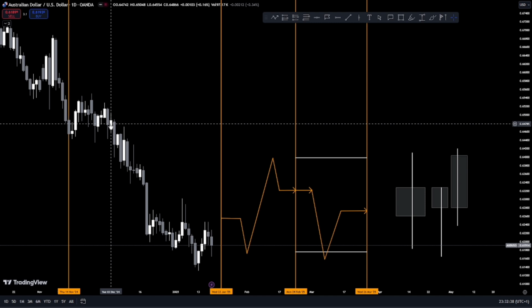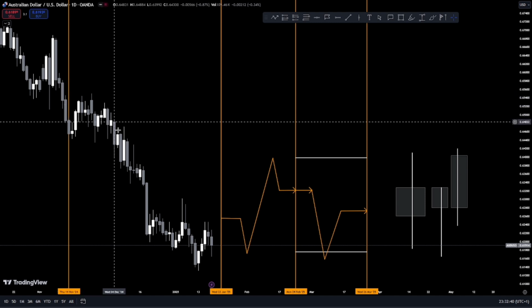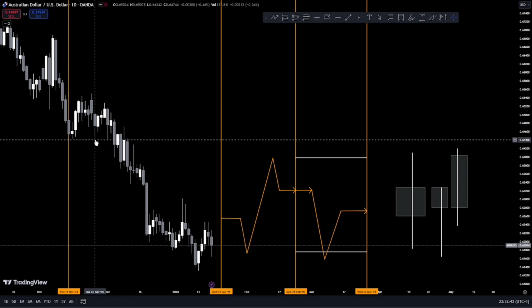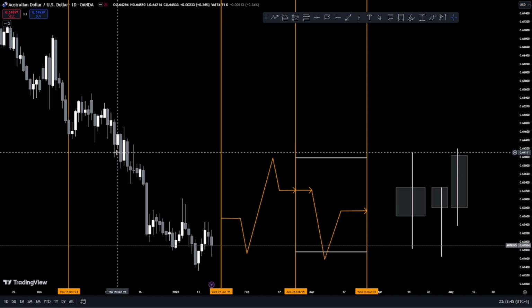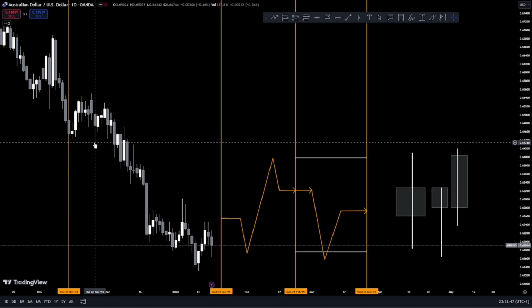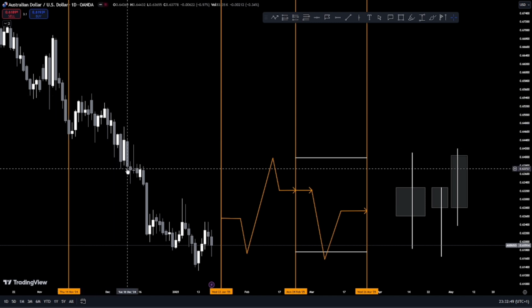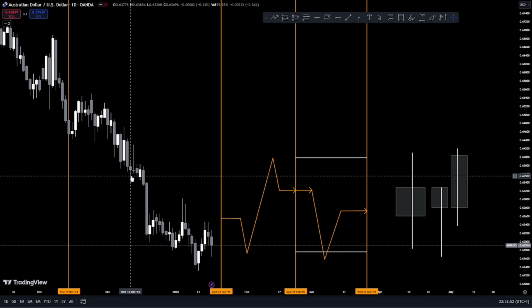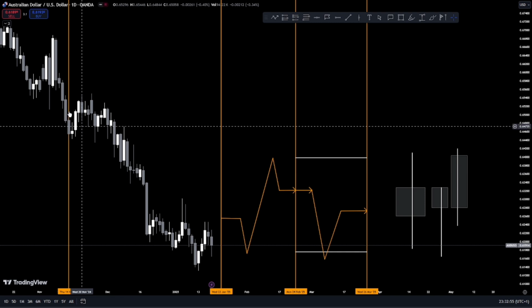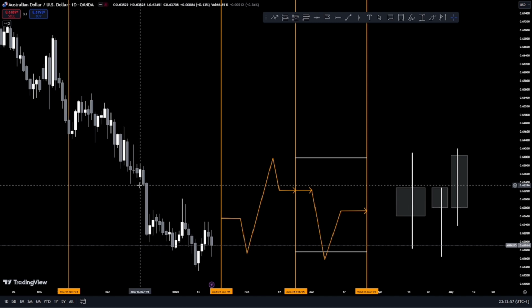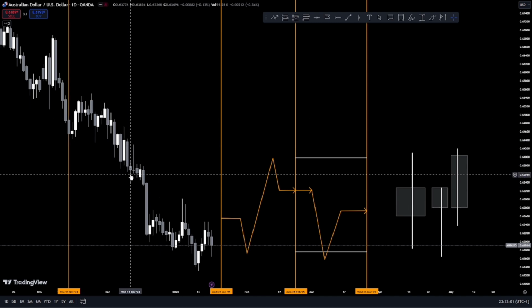In a downtrend, the characteristics are lower high, lower low, lower high, lower low. That is not the reason for the downtrend. That is the pattern that a downtrend shows, but that is not the reason why it's a downtrend.